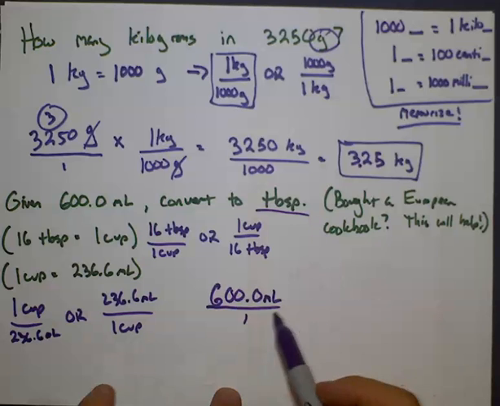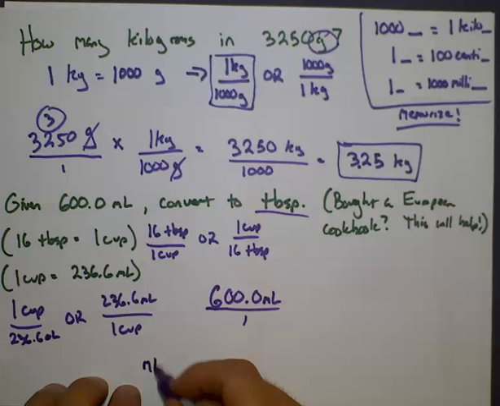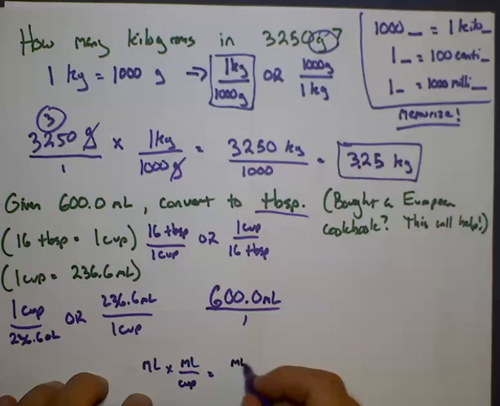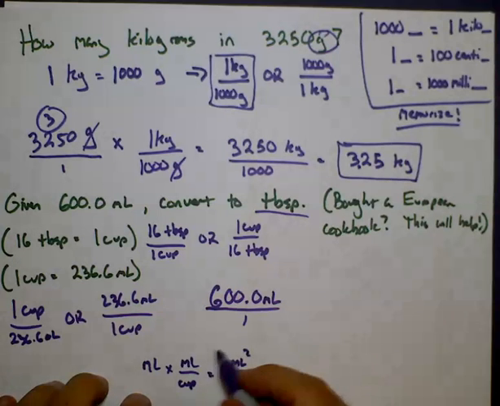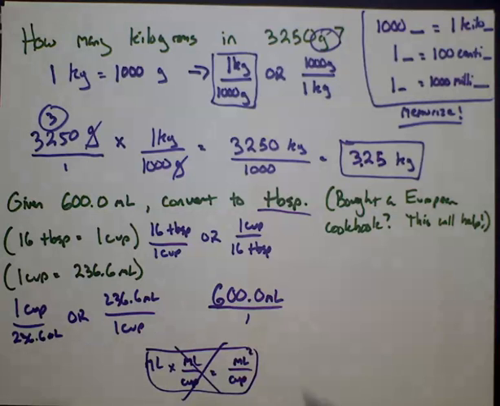So I look around, what kind of relationships do I have with milliliters? Oh look, here's one. But that's got milliliters on the top. Let's see what happens if I took milliliters times milliliters over cups. And I would end up with milliliters squared over cups, which is not what I want. What I want is to cancel out milliliters.